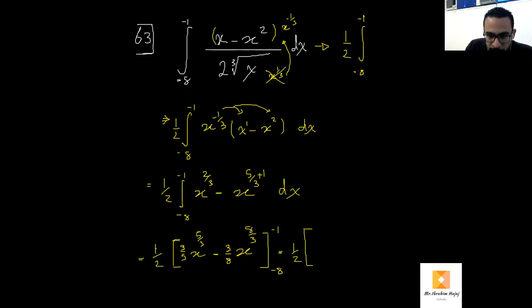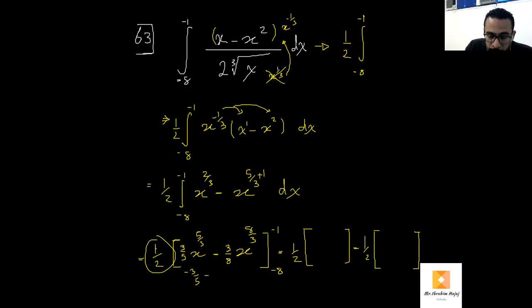Try to substitute. You have to make 2 brackets: the first one for negative 1 and the second bracket for negative 8, with minus 1 over 2 again. You know, the half is a common factor, you have to do it for both, so you rewrite it twice. For negative 1: an odd exponent gives a negative 1, so it's negative 3 over 5.